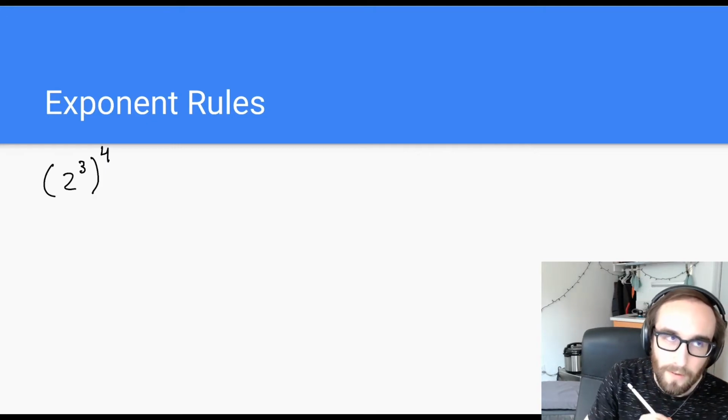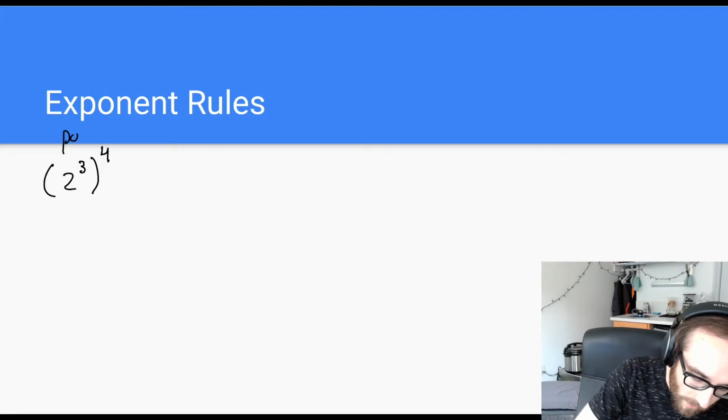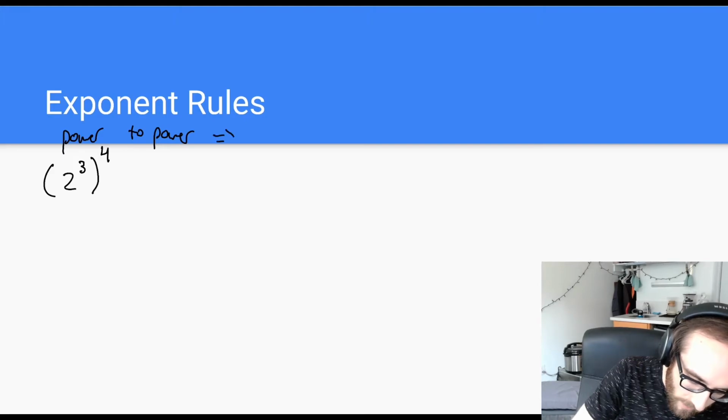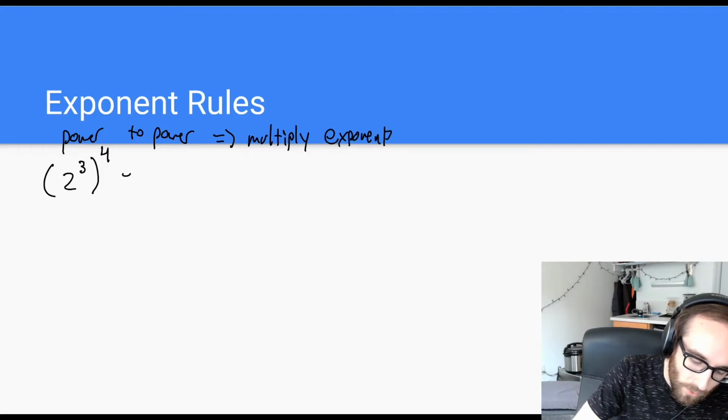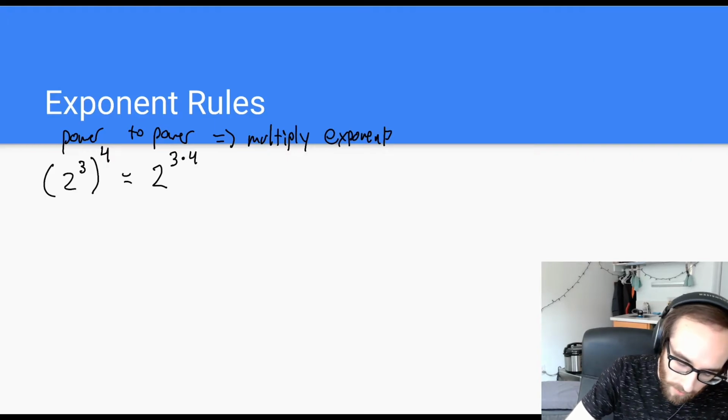In these cases, what we can do is we can multiply. So power to a power means that we can multiply the exponents. So in this case, we have 2 to the third to the fourth. This is the same as 2 to the 3 times 4 power, or 2 to the 12th power.